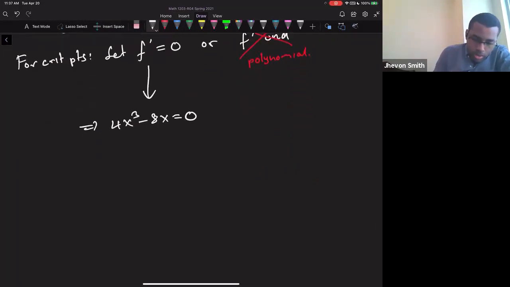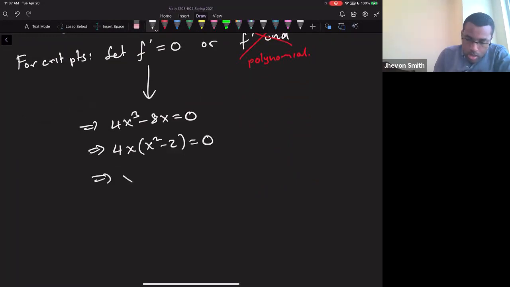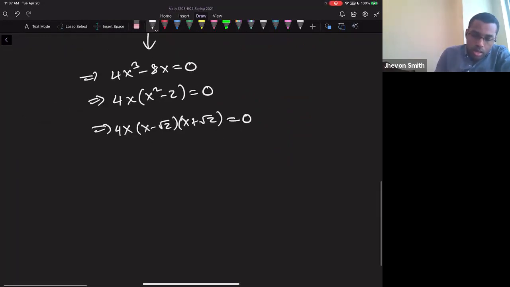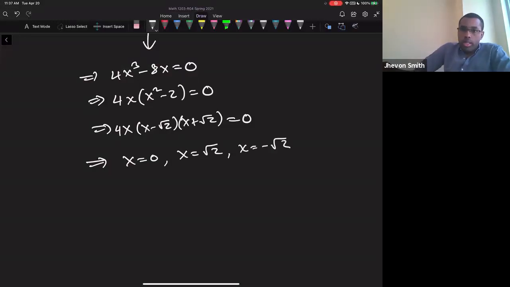That's an equation we can solve because we've been through pre-calc, so we can factor out the common term. So this means you have 4x times (x minus root 2)(x plus root 2). So this means x equals 0, x equals root 2, x equals minus root 2 are the critical points, the critical numbers. As I mentioned, when we say critical points sometimes, we mean critical numbers, it's fine. By the way, not all of these are valid.